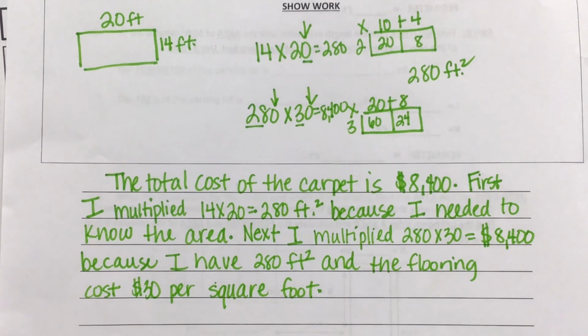Are there questions about how to work on this RACE? Do we have any questions? Yes, Trevor. You have to put first and next all the time. I like first and next. You could do then or second for the second one. I do think it's important to list the steps in order and use those ordering words.